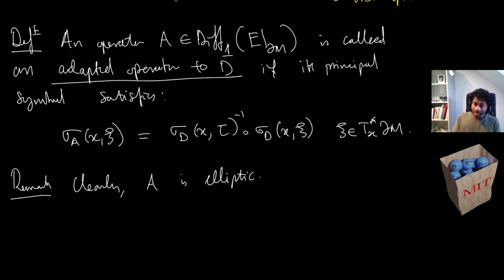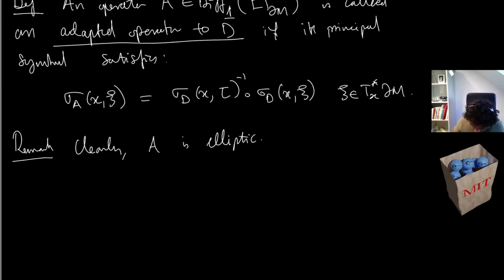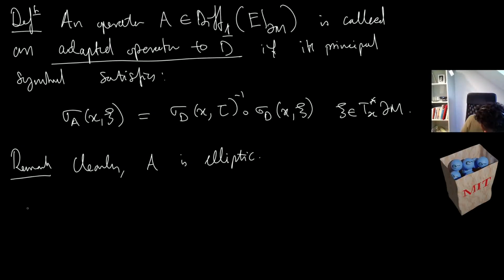And we want that operator to somehow give us all the information about the more complicated operator that we have. Of course, we have to have some certain constraints on the operator on the boundary, right? And that constraint is precisely the adapted operator. So, of course, we need to make this precise.